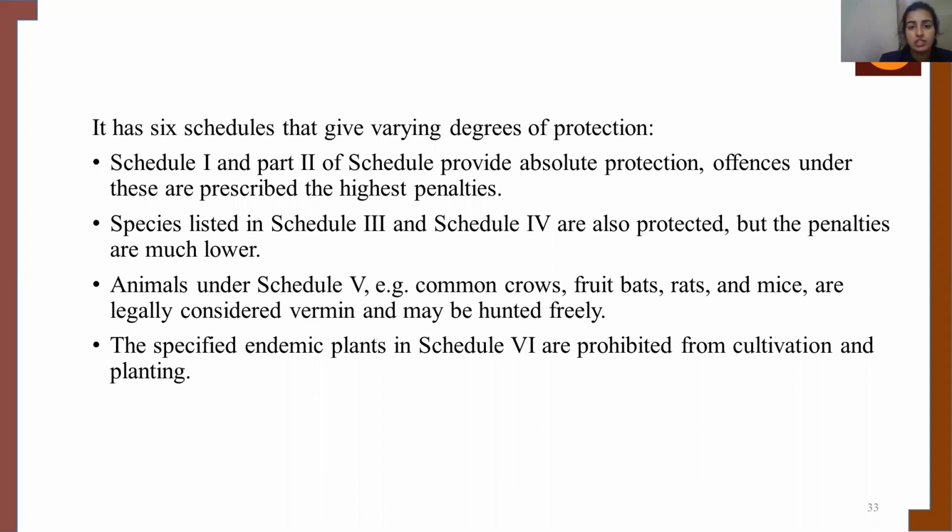Species listed in Schedule 3 and 4 are also protected, but the penalties are comparatively less than for Schedule 1 and 2. Animals under Schedule 5 are commonly cows, fruit bats, rats, mice, etc., which are considered vermin that can be hunted freely. And moreover, specific endemic plants are given under Schedule 6, which are prohibited from cultivation and planting.